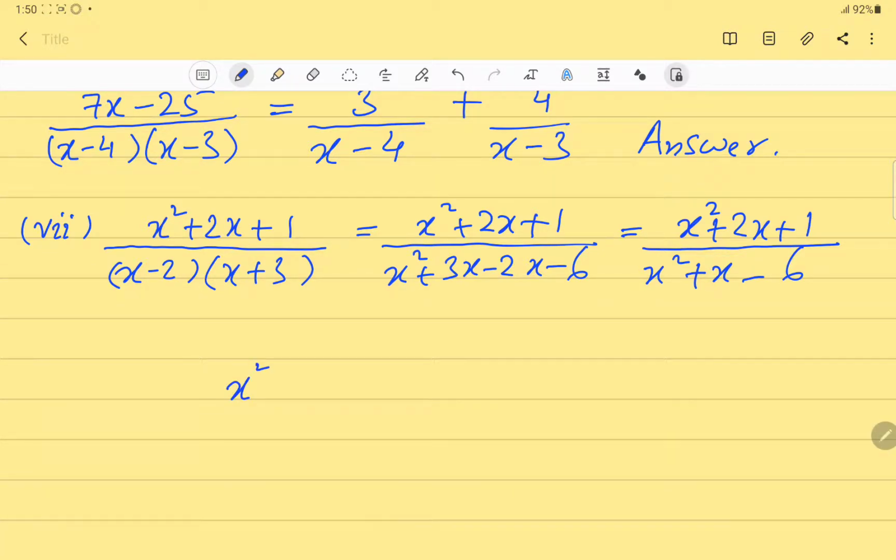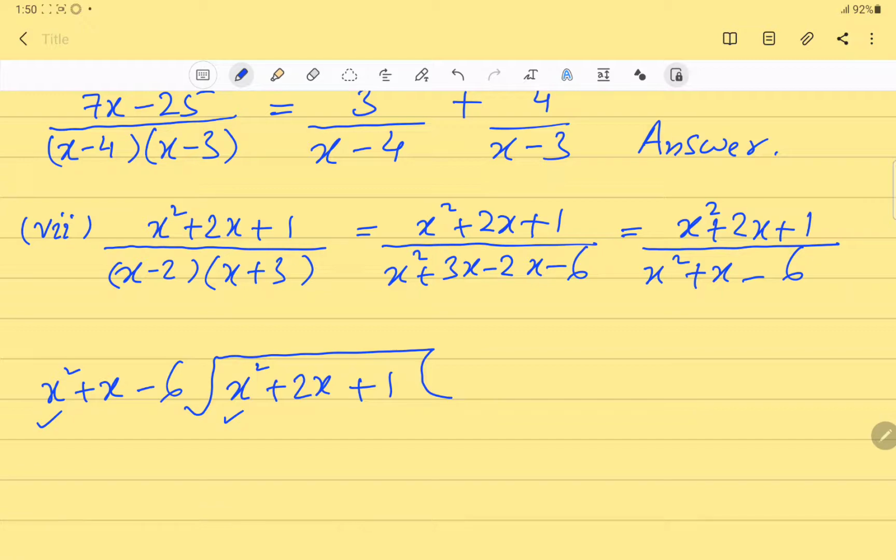X squared plus 2x plus 1 divided by x squared plus x minus 6. In order to get x squared, this one, we have to multiply x squared by 1.